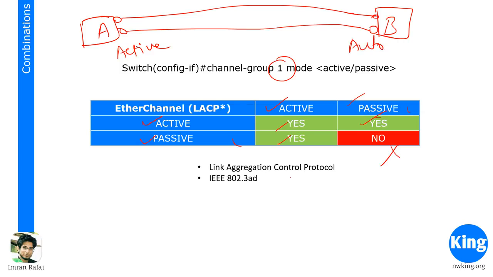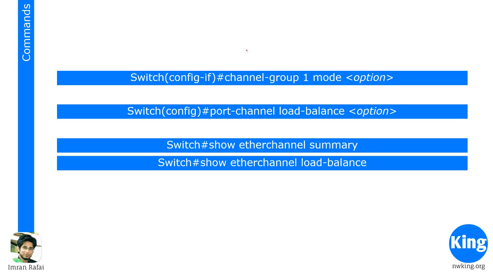If you have active here, it has to be either active or passive on the other side. That's when it will form an LACP link. If you have active and if you have auto or desirable, which is a PAGP one, it will not form an ether channel, because LACP and PAGP are not interoperable, so they cannot talk to each other. So that will not form an ether channel.